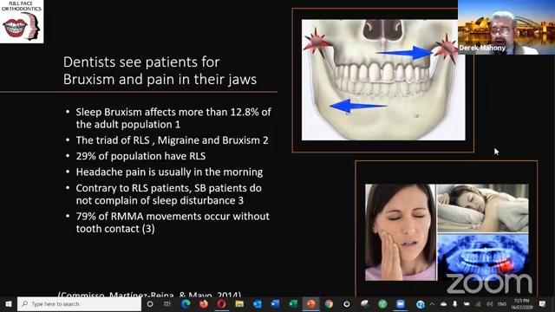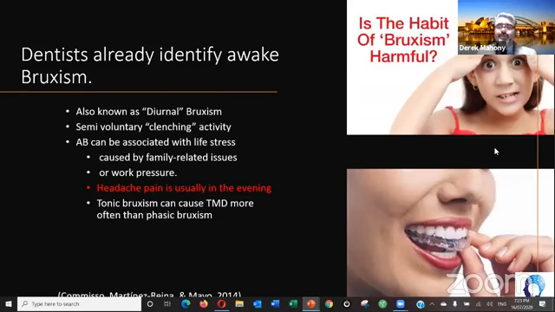Okay, now I'll forward to you to take over on this slide. Well, like we were talking about, actual sleep bruxism is only about 12 to 13% of the population.